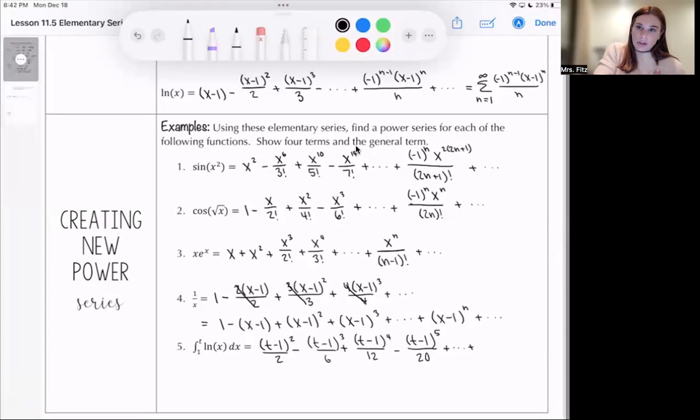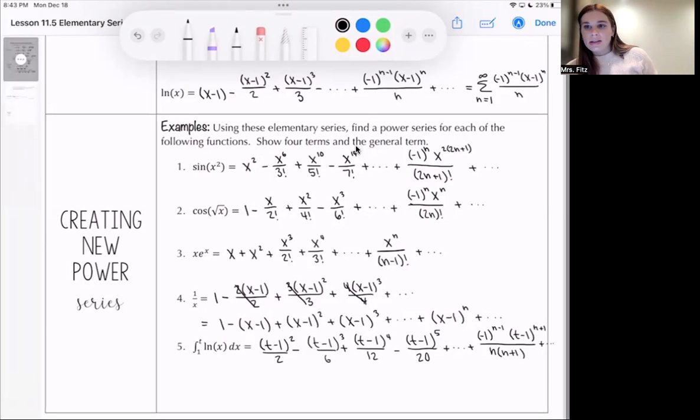And notice all of your terms, when you plug in 1, go away. So it would just be those first terms. And then we have -1 to the n minus 1 to index it. We'll start with a positive first, times t minus 1 to the n plus 1 all over n times n plus 1. And so this is the integral from 1 to t of natural log of x dx.